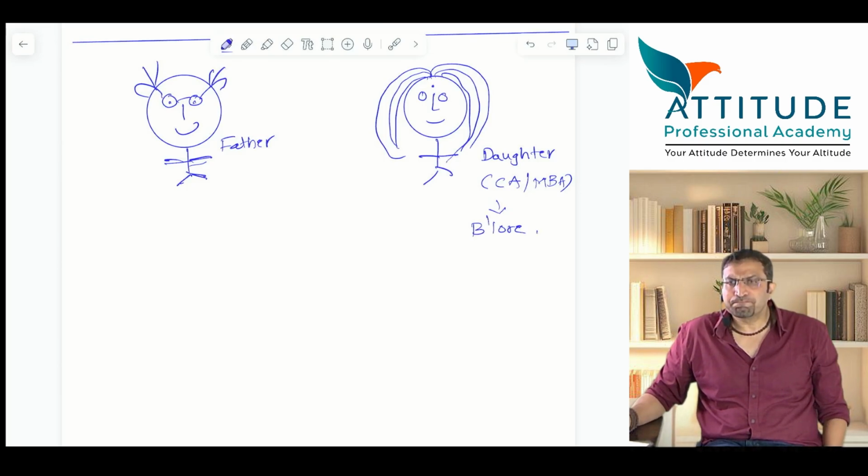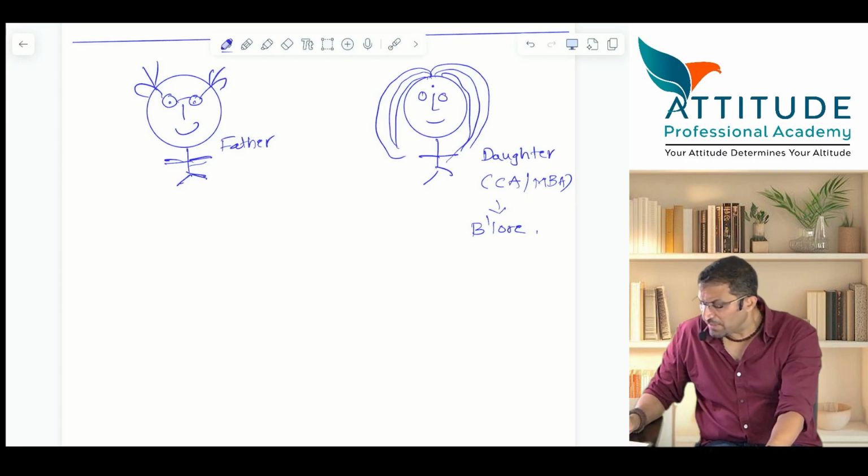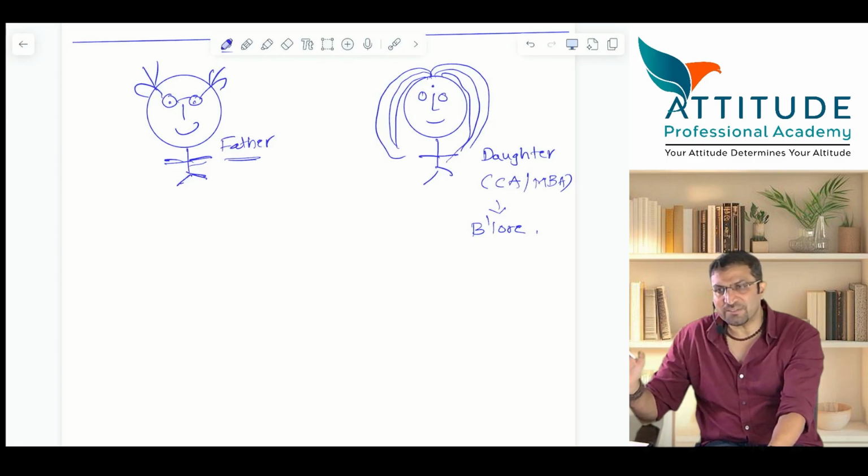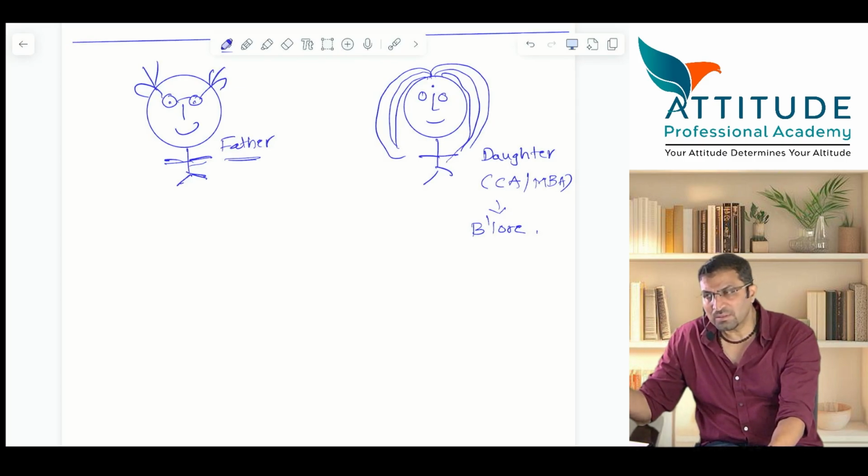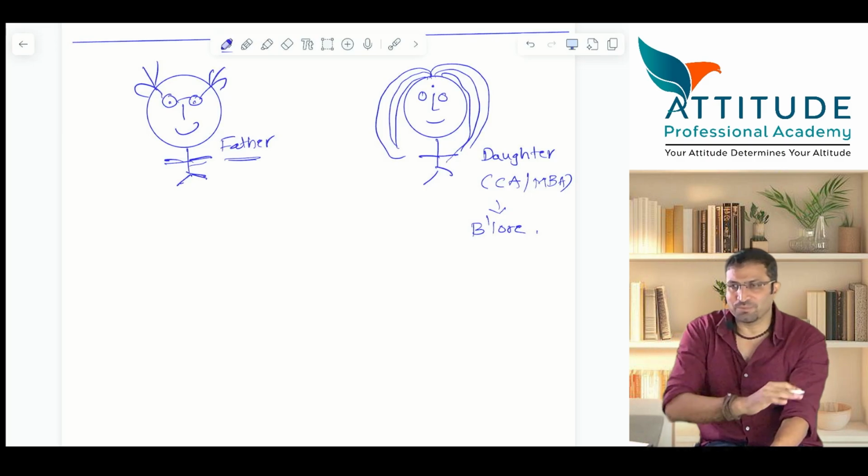Is that clear? But father says, every year for Deepavali, I purchase a dress for you. So father tells the daughter, go and purchase a dress for yourself, whatever is the amount, and I will pay it for you.